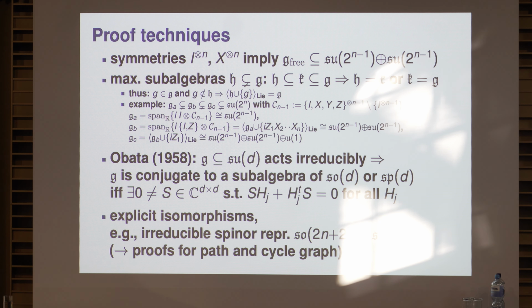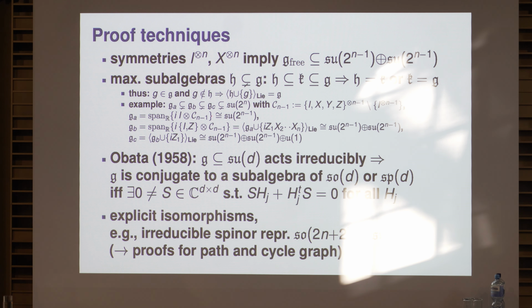It's a very useful tool in the sense that if you have an element in G which is not in H, and you add it to H, then you will get G. There's no other possibility. You can use this very effectively if you know that certain pairs are maximal subalgebras.